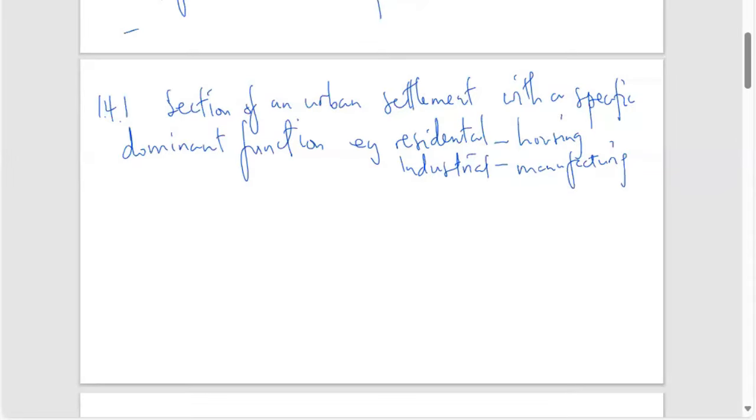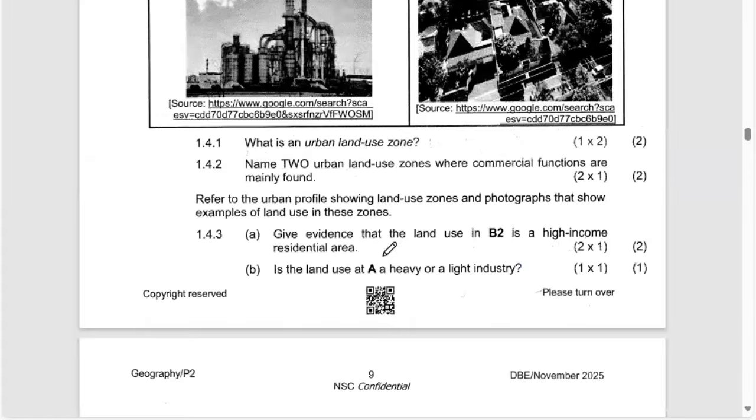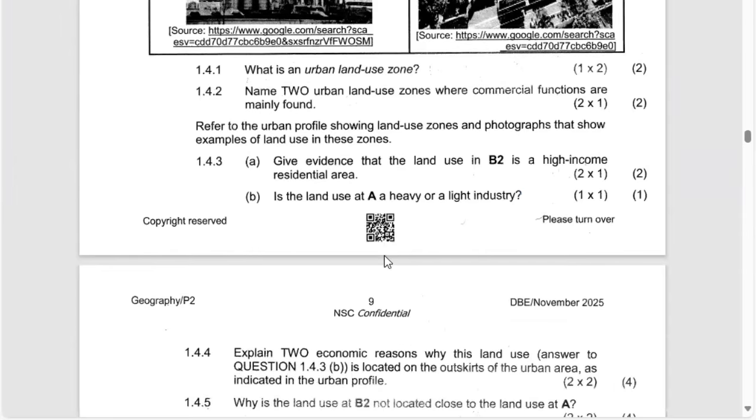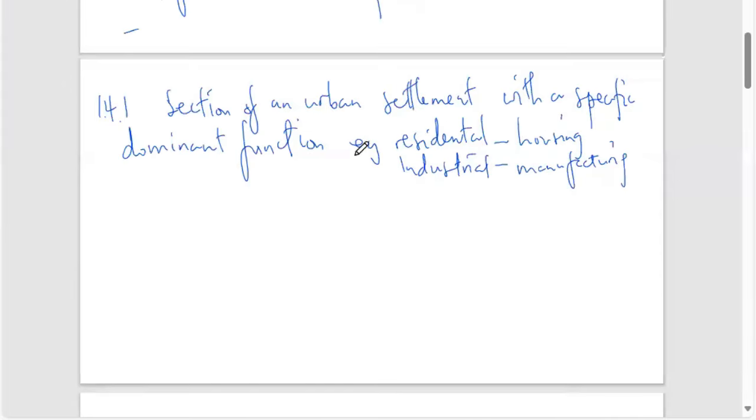The next question is saying, name two urban land use zones where commercial functions are mainly found. Where do we find commercial functions in the land use zones in an urban area? Right, we might find them in different zones, but mainly when we're talking of commercial functions, we're talking of business functions.